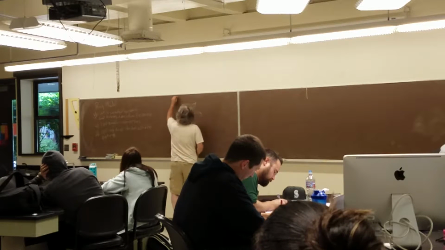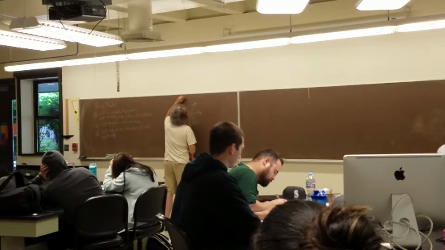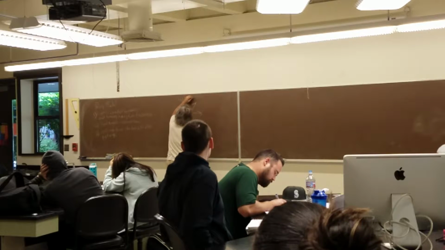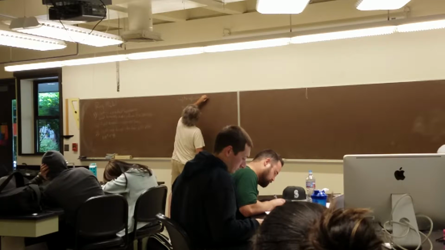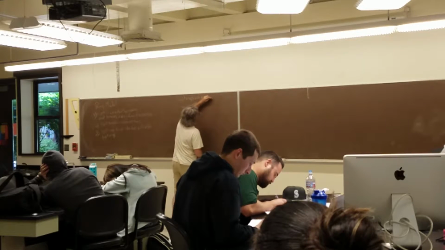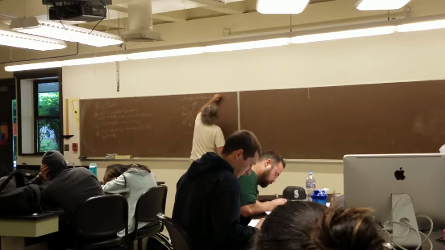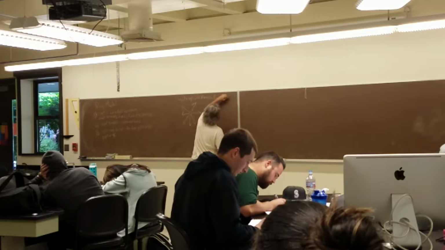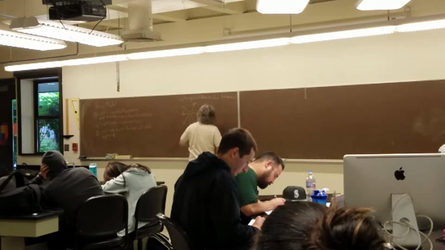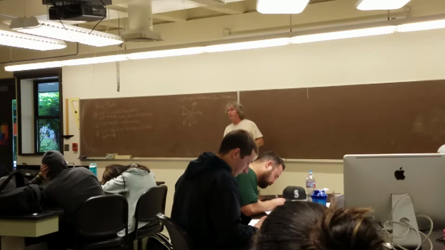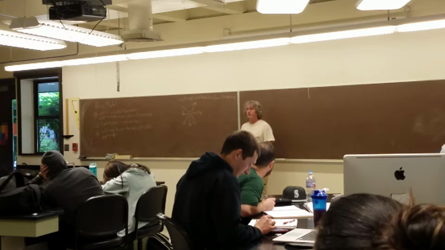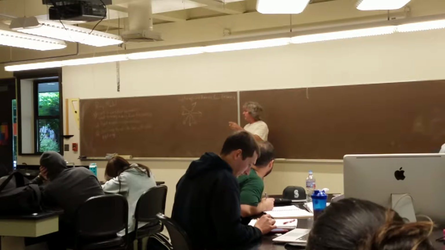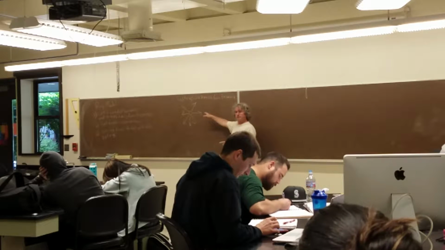We'd say light rays are diverging from the source. How do we know those light rays were there? Because we could see the source.